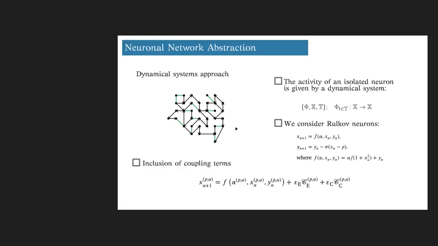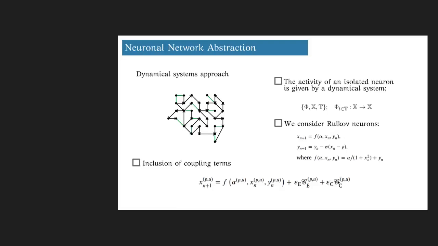To compose the network, we include two coupling terms. The first one, C index E, is the term of electrical connections, and C index C is the term of chemical connections. These two terms have their respective strengths.